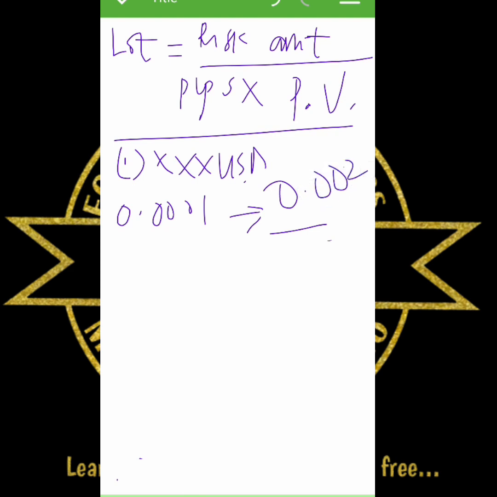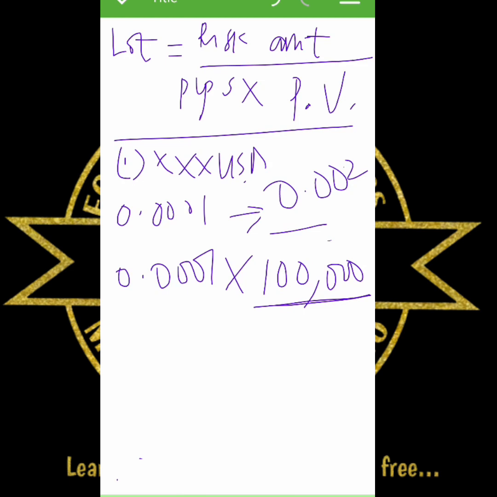Now what of pip value? Please, this is where I want you to pay attention very well. Pip value in USD is simply multiplying one pip by the value of one standard lot. One standard lot is equivalent to 100,000 units of the base currency.